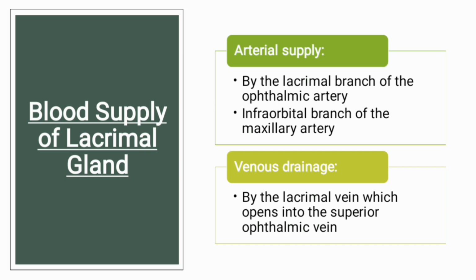Okay, so the blood supply to the lacrimal gland was by these two arteries, and the venous drainage, the deoxygenated blood that is moved from the lacrimal gland to the heart, is done by the lacrimal vein, which opens into the superior ophthalmic vein, right? So lacrimal vein is again the branch of the ophthalmic vein and it collects the blood from the lacrimal gland and it takes the blood towards the heart, right?